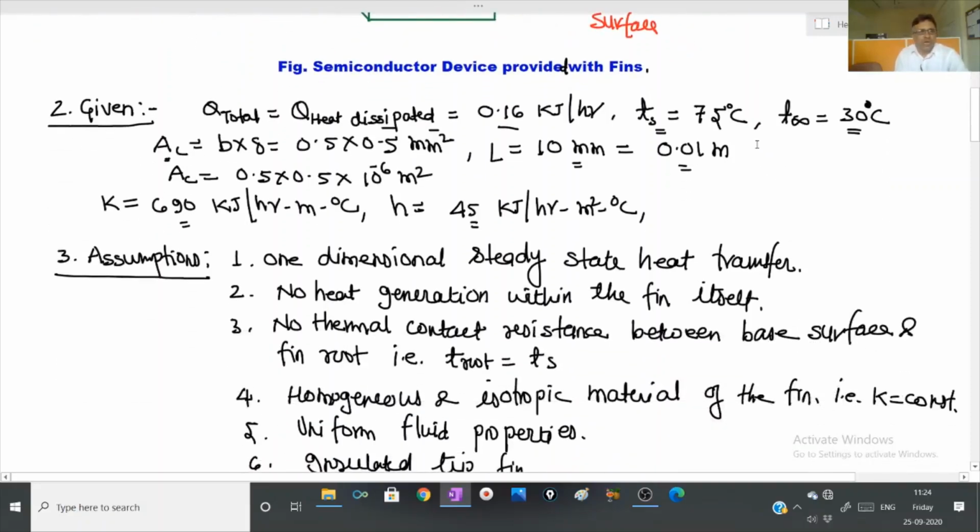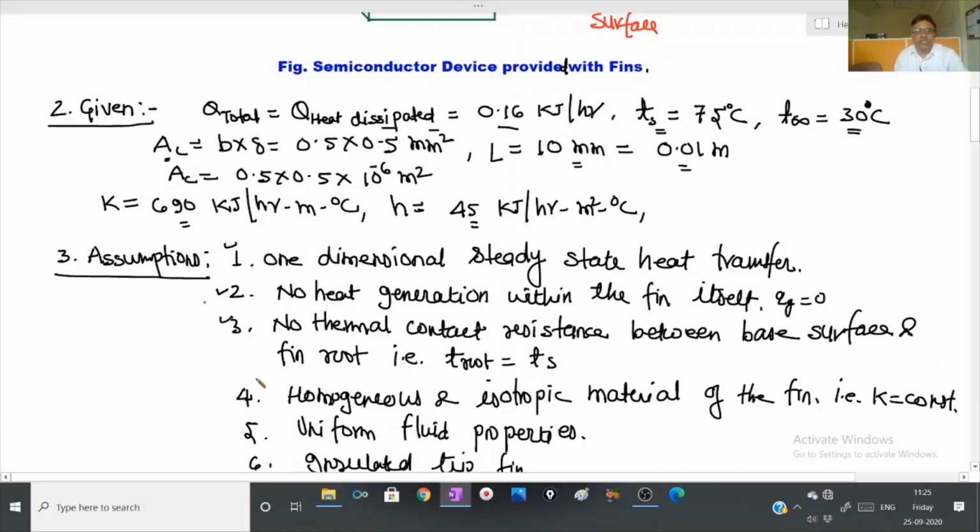Now, after listing all the given parameters, let us make some assumptions to facilitate the solution of this problem. Assumption number 1, one dimensional steady state heat transfer. Assumption number 2, no heat generation within the fin itself, so Qg will be 0.